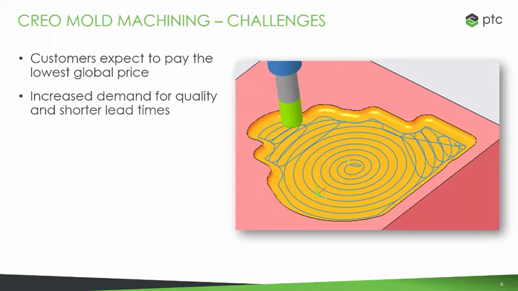There's a big need to deliver high quality mold and dies on time. There's a struggle to compete and win new business, and really a need to support high speed, efficient machining in order to satisfy this. A big problem is reliance on third-party solutions to support that high-speed machining strategy because there's a lot of lost time and effort translating and moving data between the two systems.